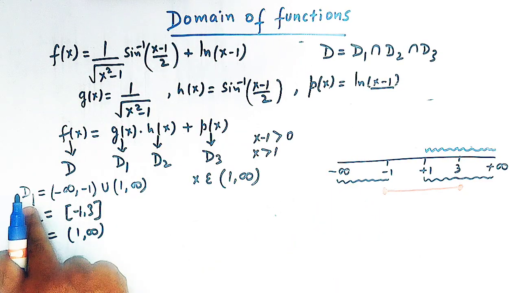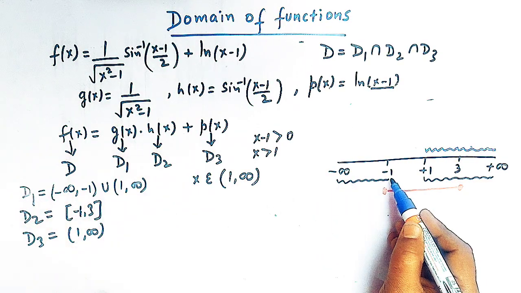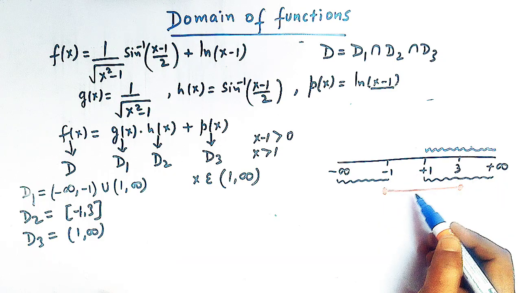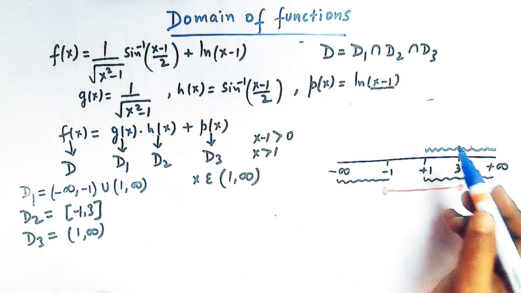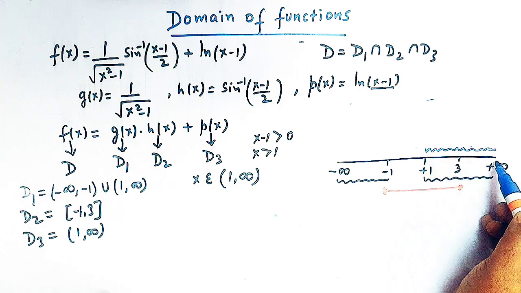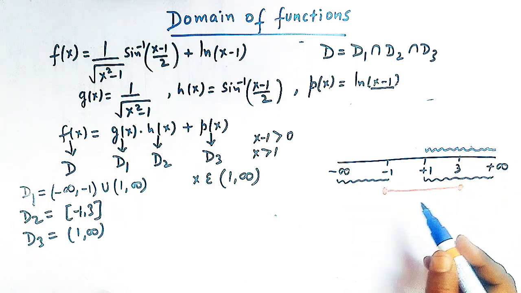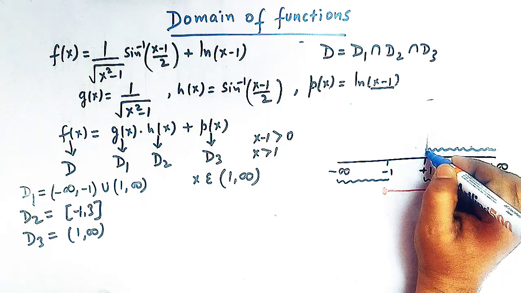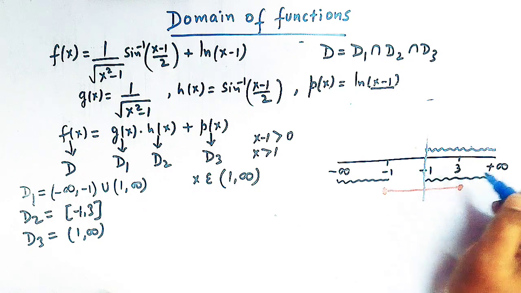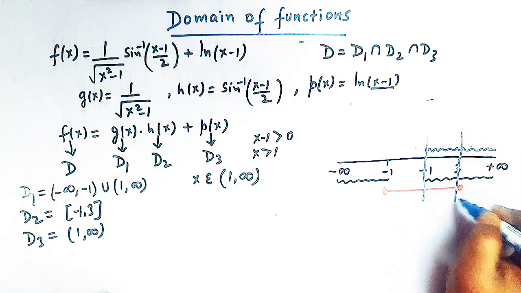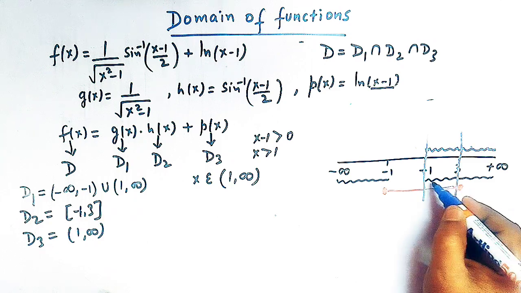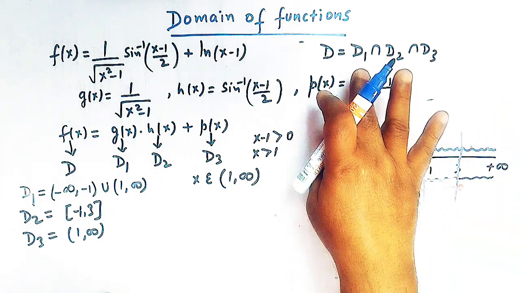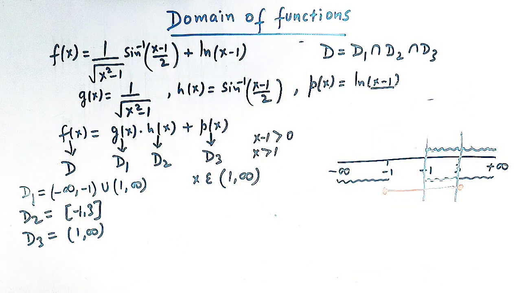Here the domain d1 is from minus infinity to minus 1, union 1 to infinity, d2 is from minus 1 to 3, and d3 is 1 to infinity. From this diagram we can easily conclude that the common region is from plus 1 to plus 3, right? Because this portion is common to all three domains.